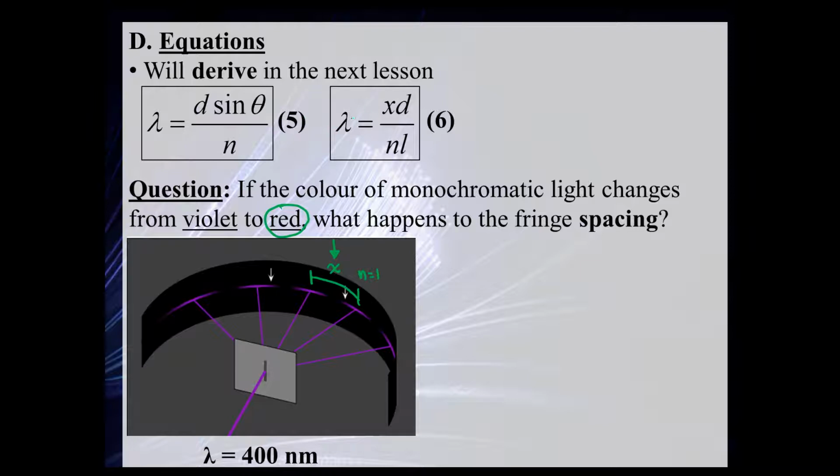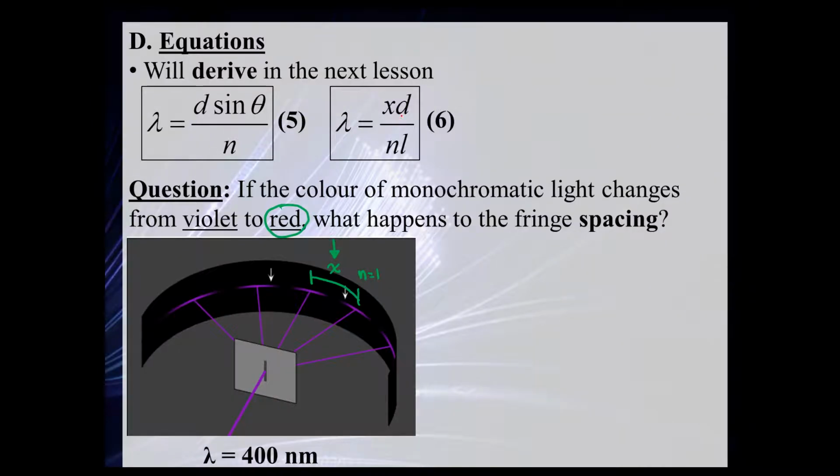I think the easiest one to see is equation 6. In equation 6, the only thing that's changing here is I'm changing the wavelength, and that could potentially have an effect on x. I'm not changing d, which is the distance between the slits. I'm not changing the fringe I'm looking at, and I'm not changing the length from the slits to the screen.